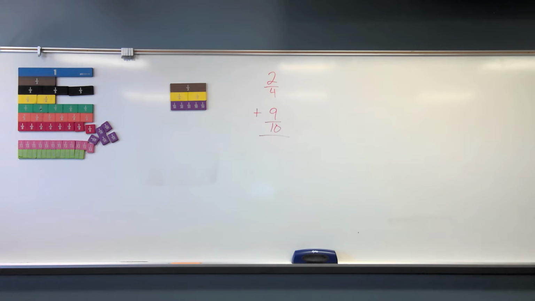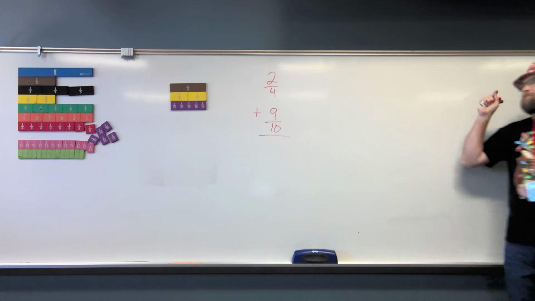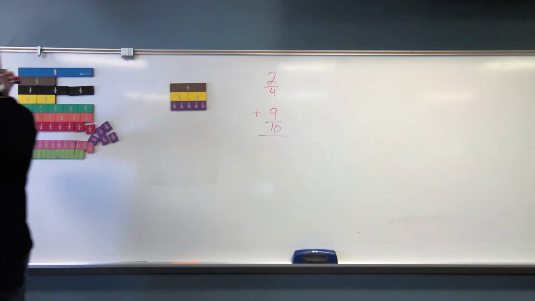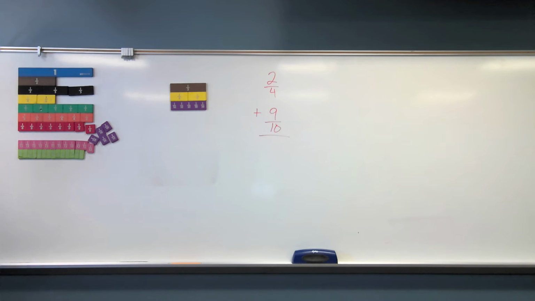No. Why not, Leo? No, I need more than because. Because the denominators are different. Isabella, can you think of a common denominator for 4 and 10? Now, if I couldn't, I could always go to my multiplication chart and find one that's in both.